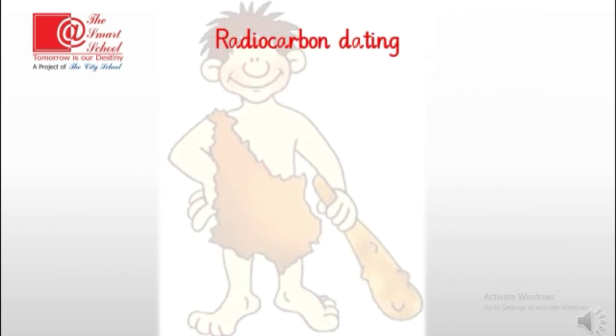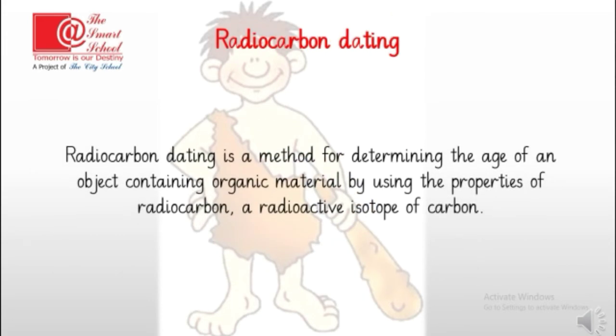So what is radiocarbon dating? Radiocarbon dating is a method for determining the age of an object containing organic material by using the properties of radiocarbon, a radioactive isotope of carbon.